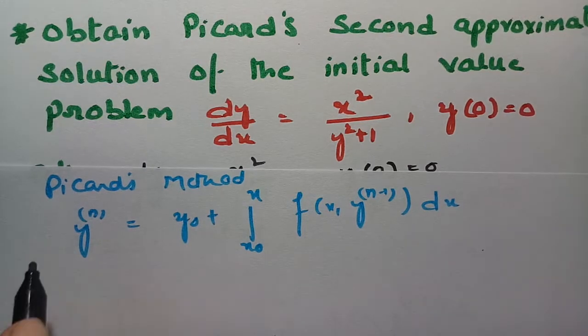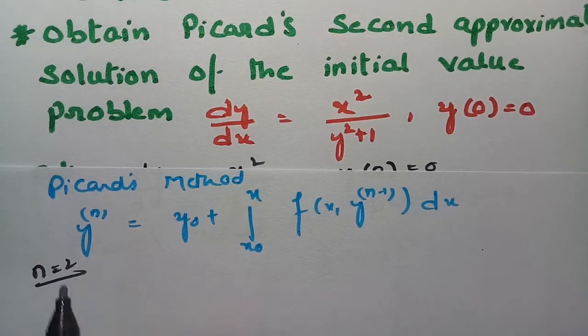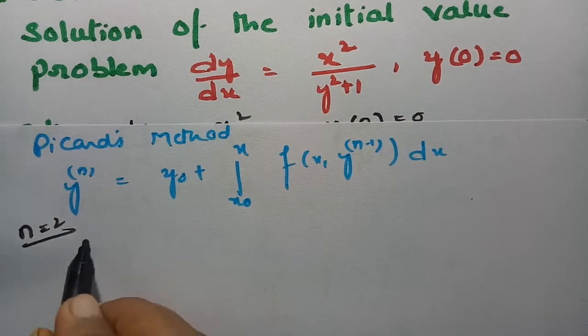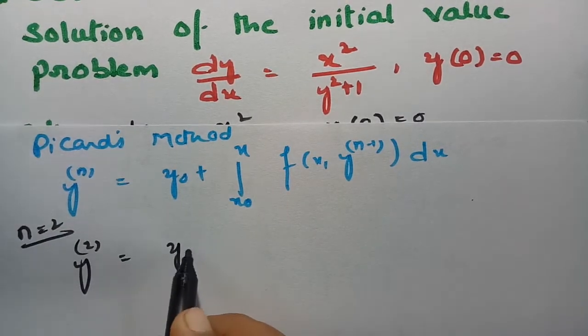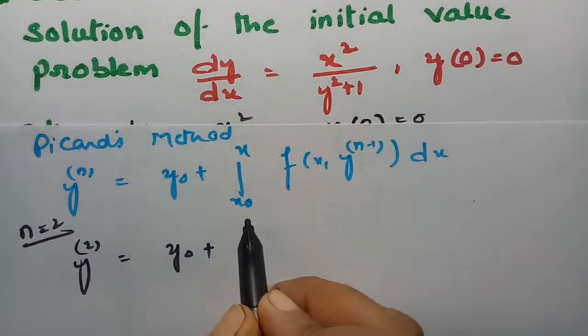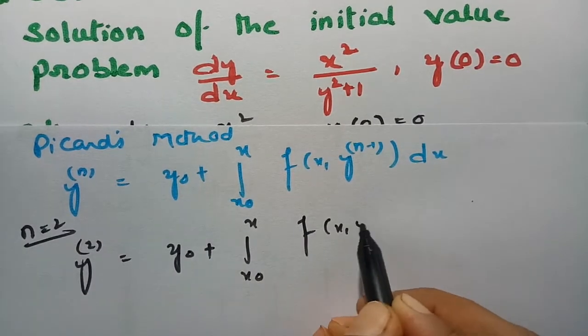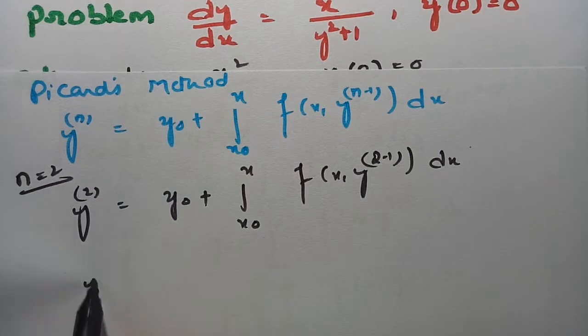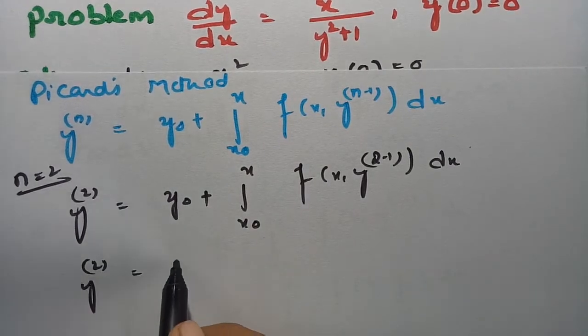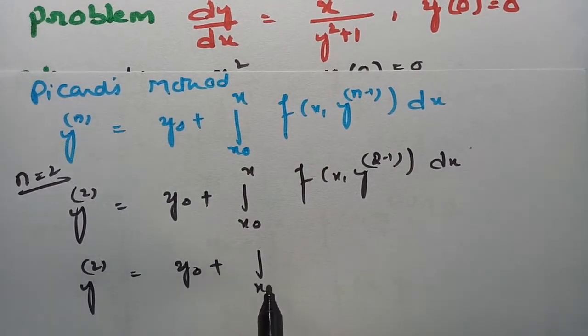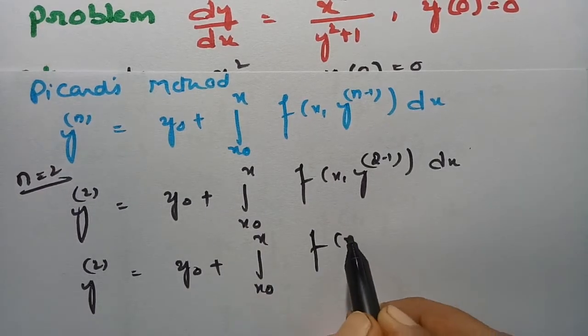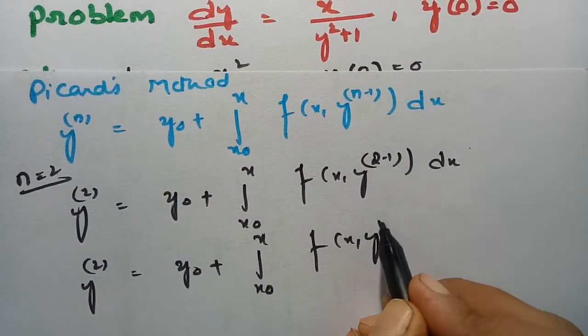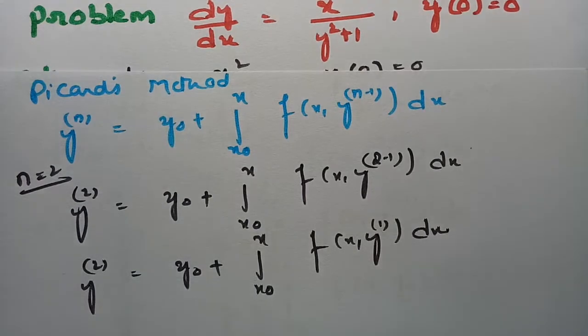Now I want the second approximation. For that I am keeping n is equal to 2. The second approximated value of y is equal to y naught plus integral x naught to x f of x comma y at the first approximated value of dx.